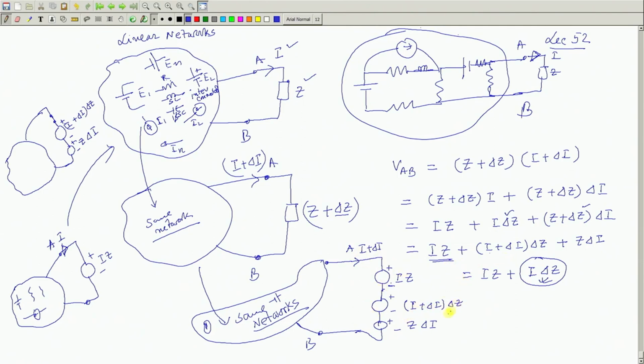Similarly, I plus delta I into Z, and so on. Now, all these sources are present and I Z is present, these two sources are absent, you get this network, and this network is the same as this network. So this current is I. Then all these sources are present here, this fellow is absent, I have taken this into account, and the other two sources are present.